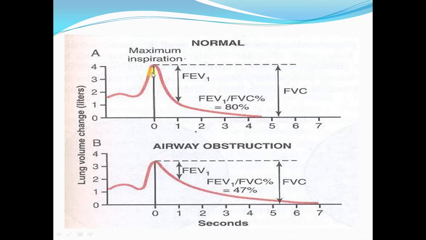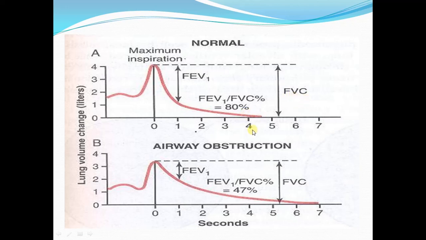In a normal person we can see that about 85%, here it is 80%, so we restrict to 80%. About 80% of the air is exhaled out in the first second, while the rest is exhaled out in the remaining time. The total time that is required to exhale out FVC is about 4 seconds.